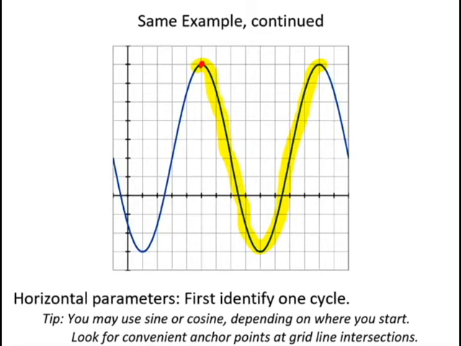Here is the beginning of our wave. Here's the end of our wave. That is one period of cosine. We're going to identify where that period starts and where that period ends. So it starts at x equals 5, ends at x equals 13.